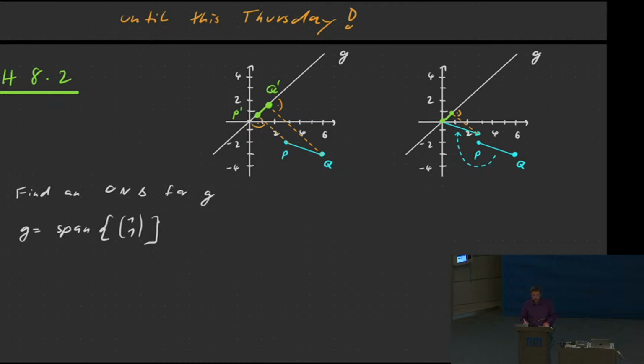And to find an orthonormal basis just means, well, we have to normalize that vector, right? So we normalize that to get G equals the span of, well, the norm of that is square root of 2. So this is an ONB.